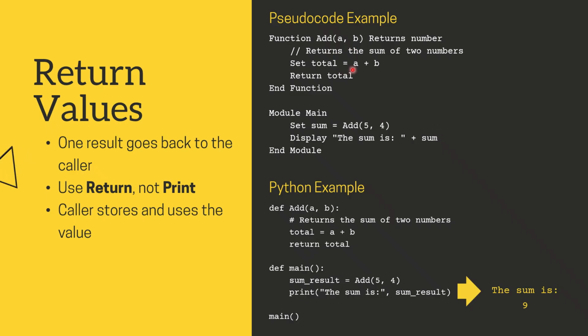A is going to be equal to 5, B is going to be equal to 4. They go into the function as arguments. And then the function is going to return 9. Then this main module is going to store 9 in the sum variable, and then it's going to display it.